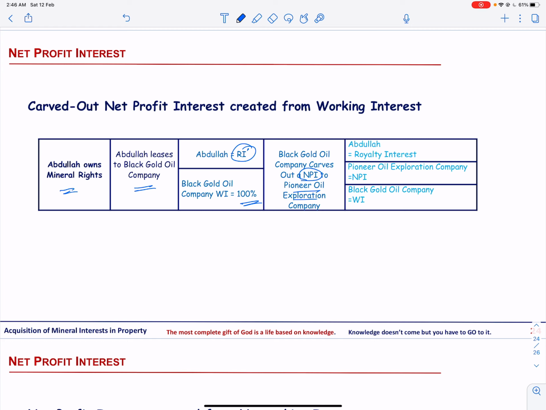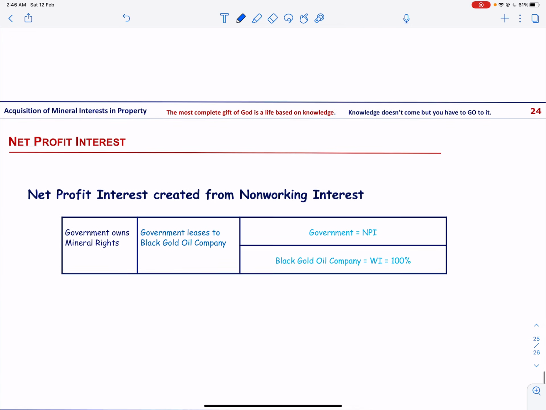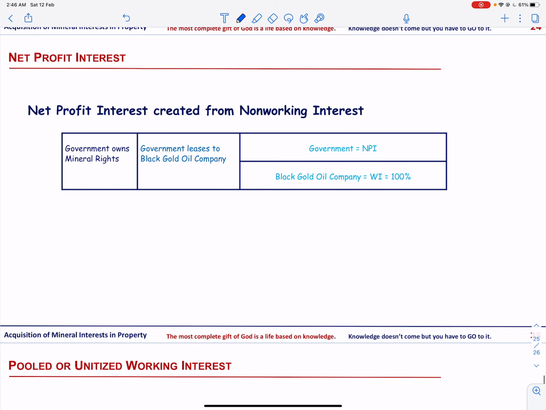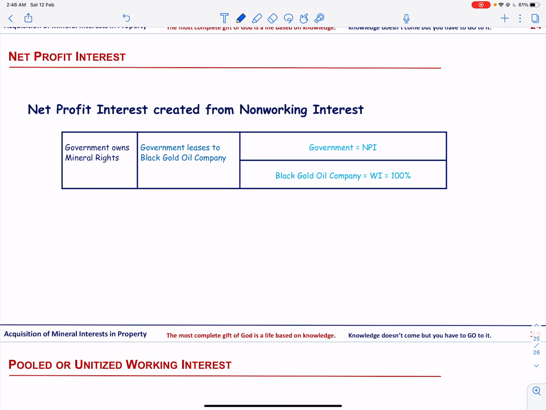Next, we will talk about net profit interest created from non-working interest. Net profit interest is created from non-working interest in offshore properties. In case of offshore properties, the government is the mineral rights owner. It is like a royalty interest, except that the government receives a specific percentage of net profit and not gross revenue.